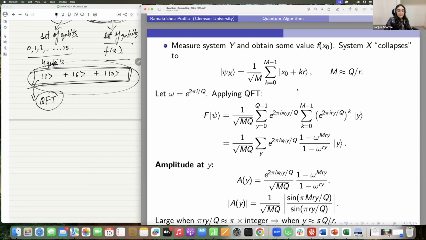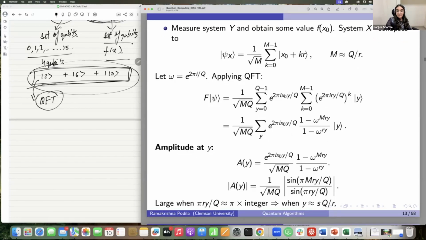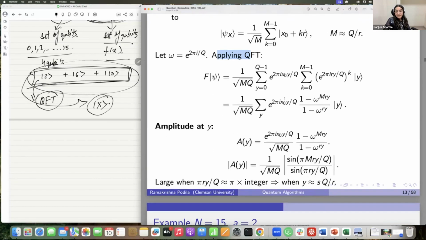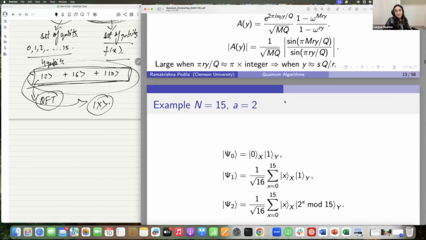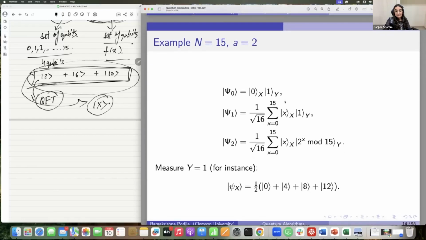So we measure the system y and obtain some value of f of x naught. Then in the Copenhagen terms, the system x collapses to something, and we apply the Fourier transform on this x state after measurement of y. From here we can extract the period of the function. That's basically how the algorithm works.